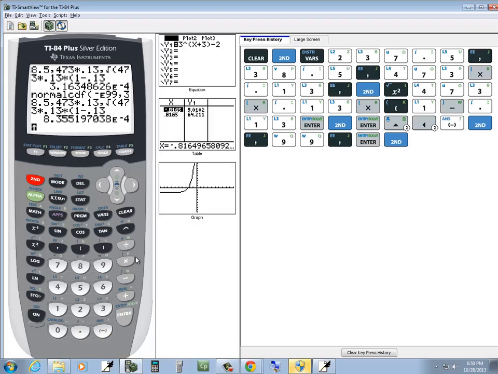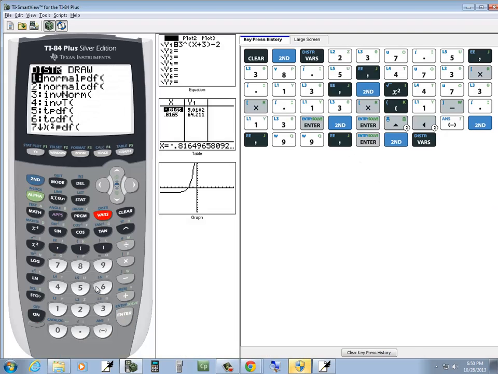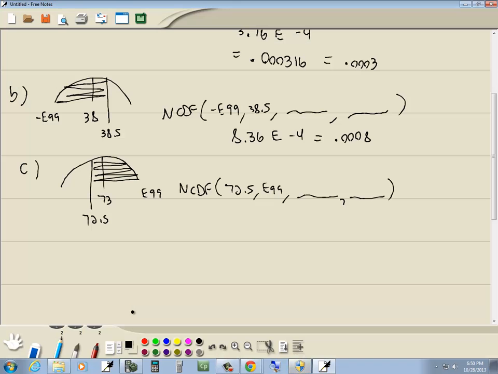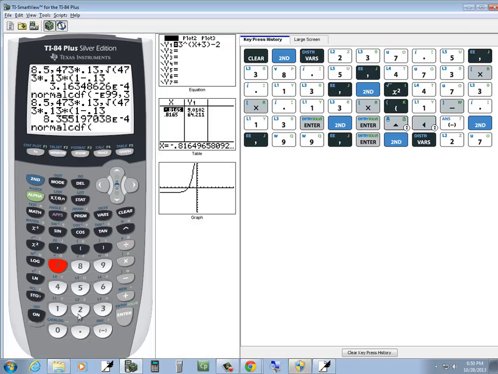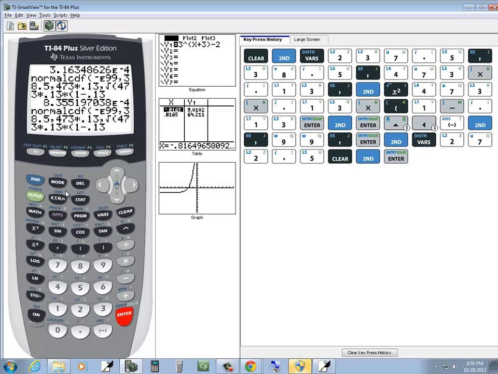So do second vars, choose normal CDF, 72.5. What am I doing? Second enter. I don't want to retype all that.